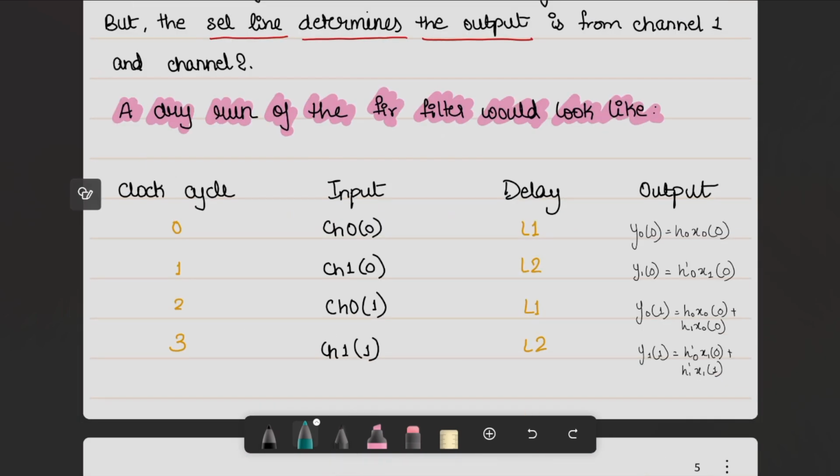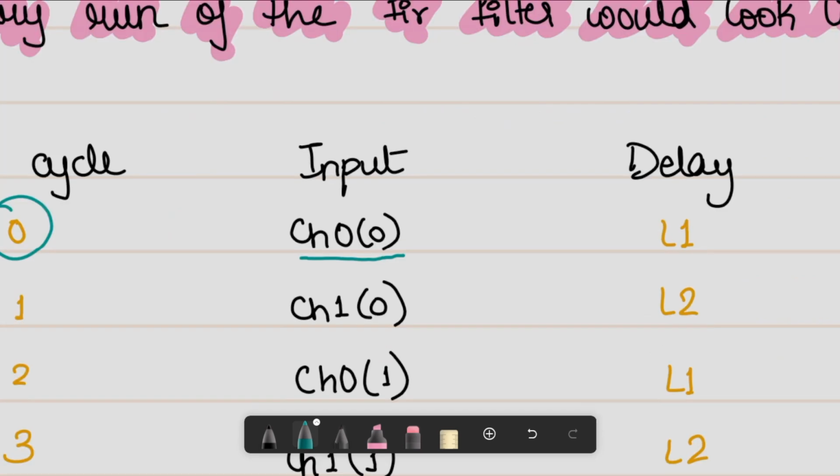Let's look at a dry run to help you visualize it better. On clock cycle 0, my input would be CH00. This follows the same nomenclature as the previous example, which means the 0th sample of 0th channel.